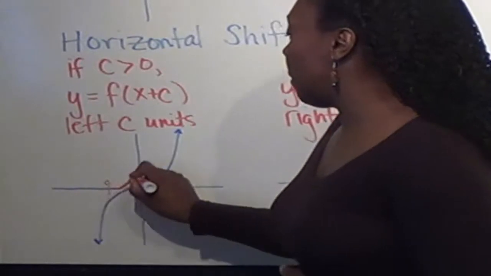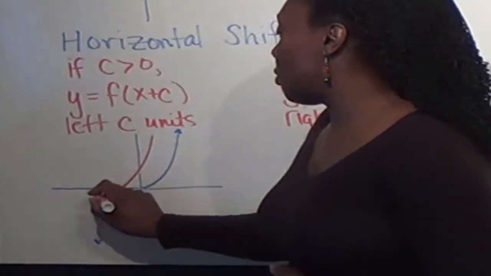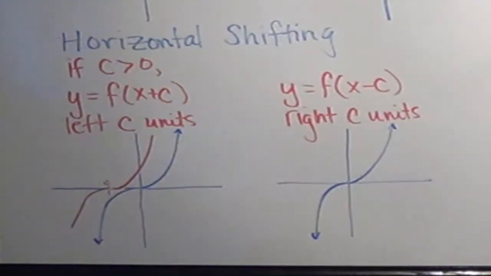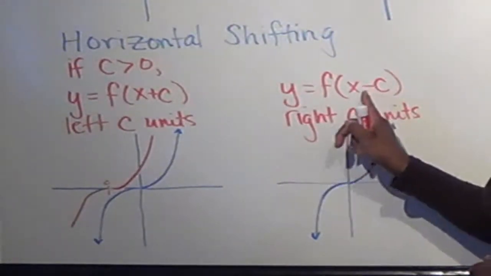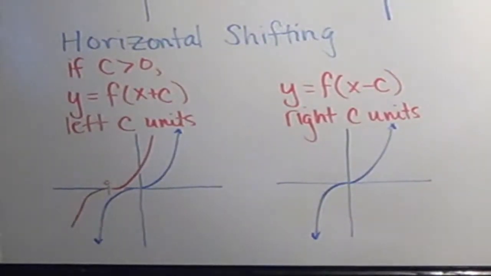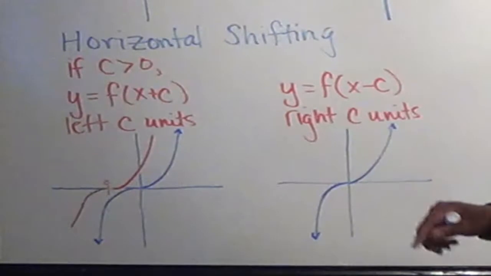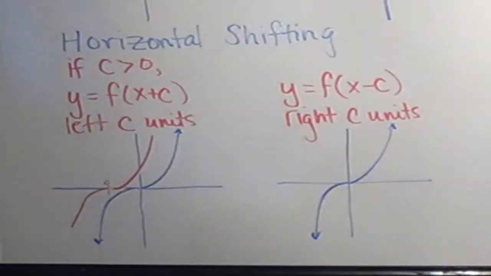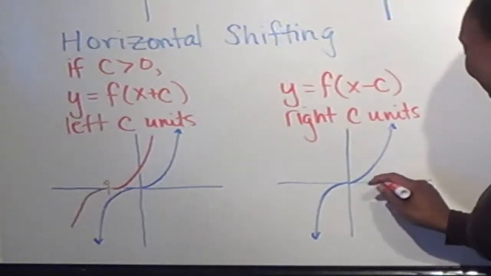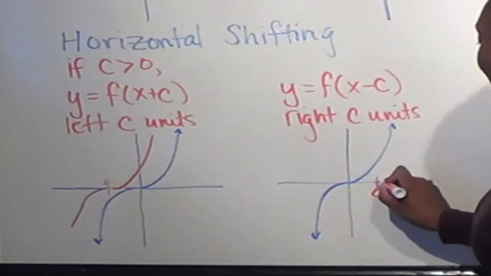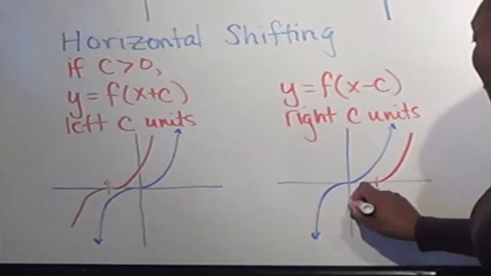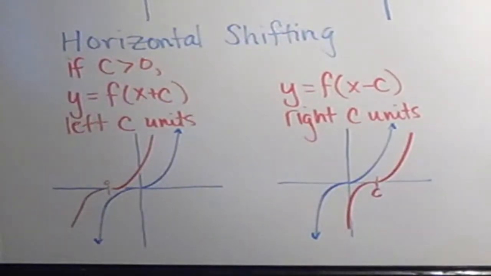And again, it's the same graph, just shifted over. Okay? And if c is subtracted from x and then f is applied, then it's going to shift the graph right c units. So here it would do something like that.